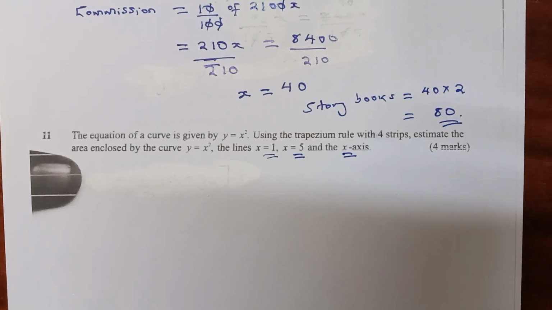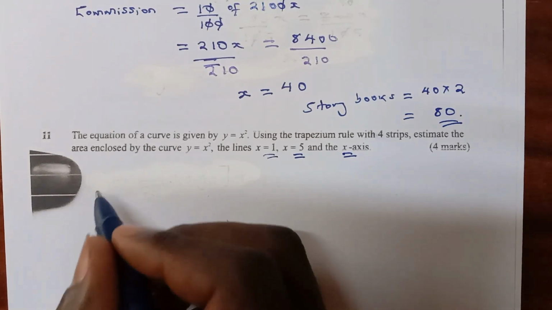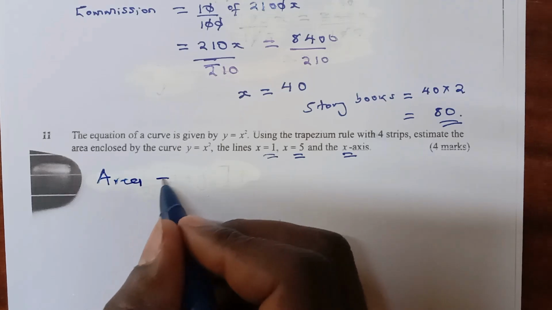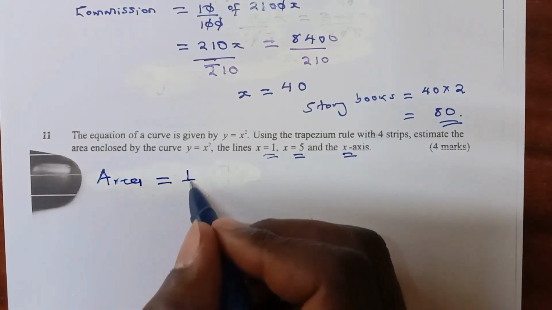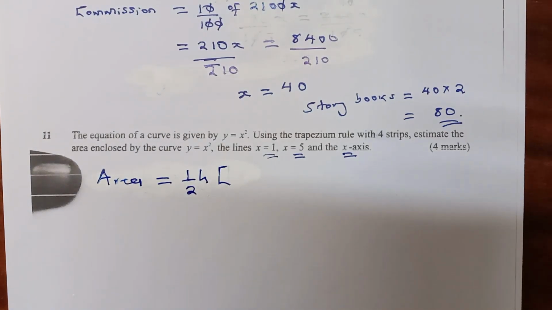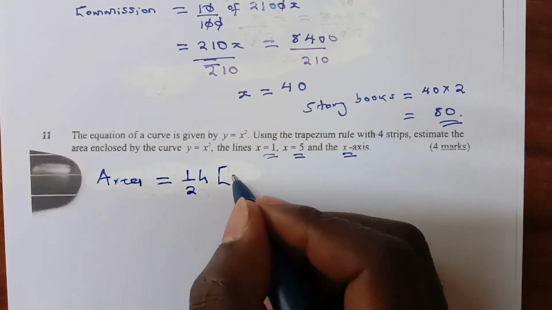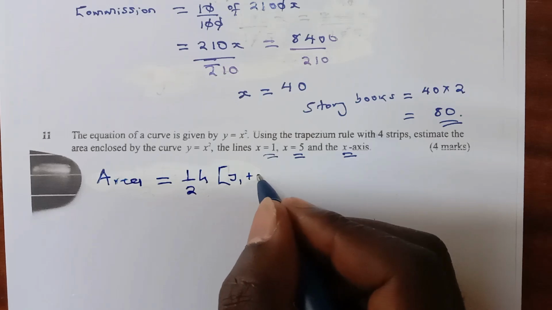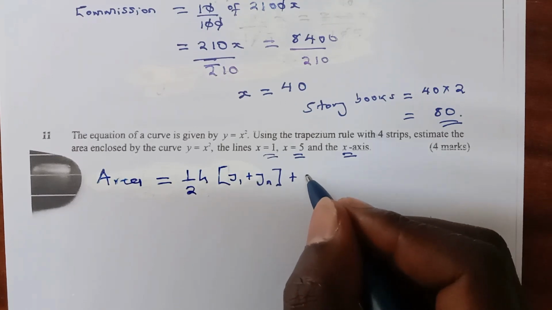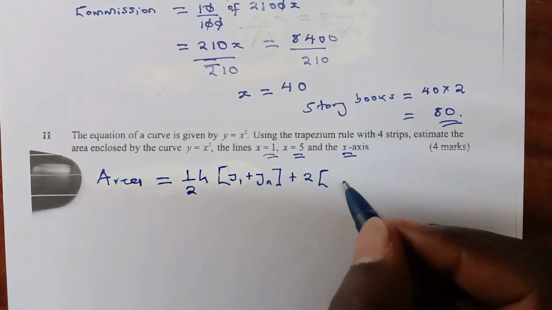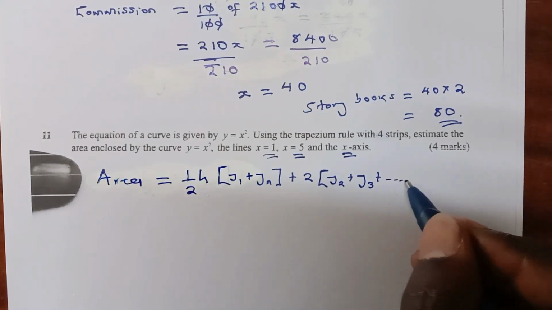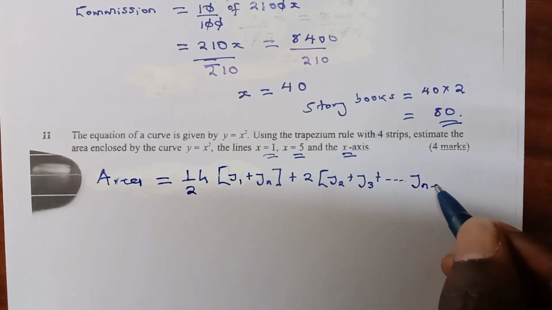Now, looking at this particular question, it is imperative for the learner to remember the trapezoidal rule, which says that the area is a half the value of height, multiplied by the first ordinate, y1, plus the last ordinate, yn, in brackets, plus 2 times the second ordinate, plus the third ordinate, plus all the ordinates up to n minus 1.